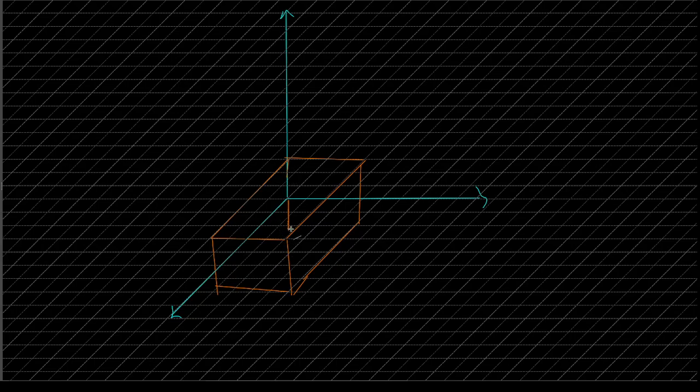The center will be the origin. I'll redraw my origin from there. Should have drawn my block first and then scoped out my origin.